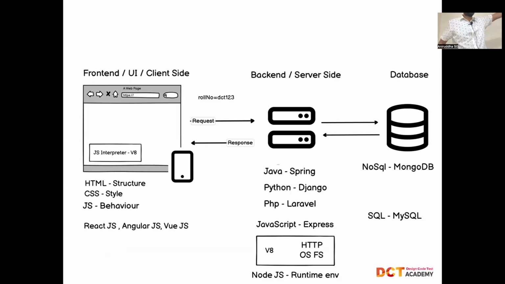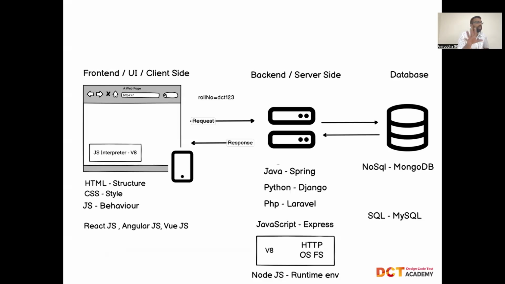Hypertext Transfer Protocol is how the internet works. To make requests, get responses. So the HTTP module is present. Because it is present, we can now start building web applications, that is backend applications. What was possible by Java? What was possible by Python? What was possible by PHP? By default, it was not possible by JavaScript.